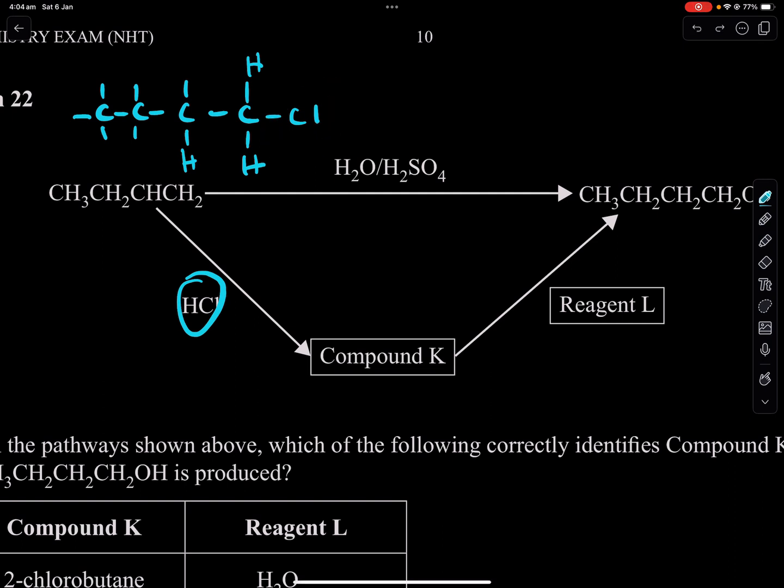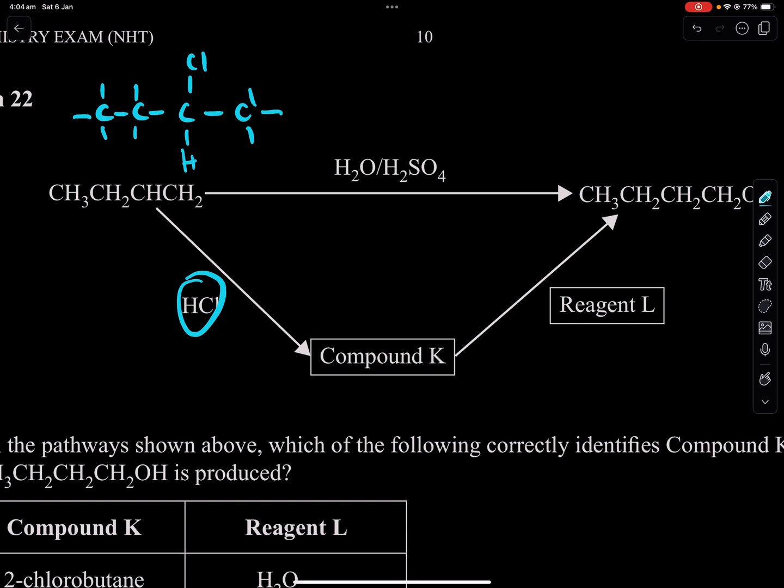Why? Let's say we put the chlorine on this one over here. Need to be careful, so not that. If I put the chlorine over here, what's going to happen?